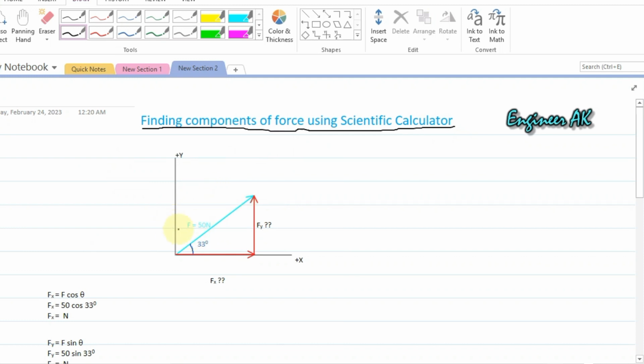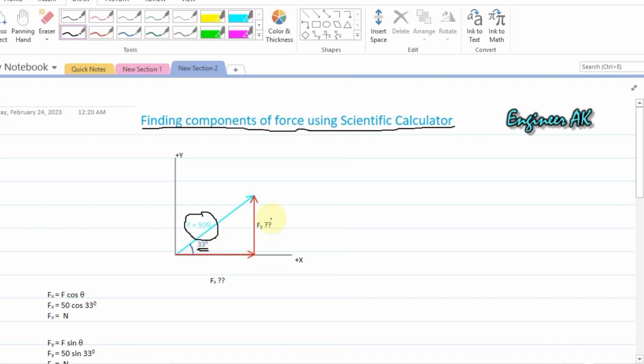So here I have taken a force of magnitude 50 Newton, and the angle it is making with the x-axis is 33 degree.